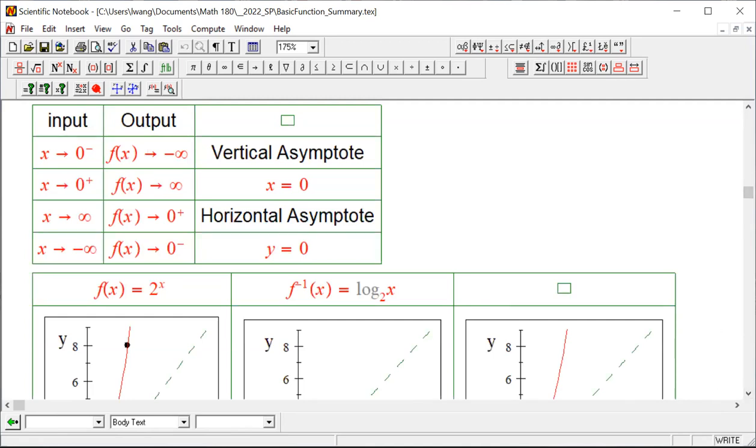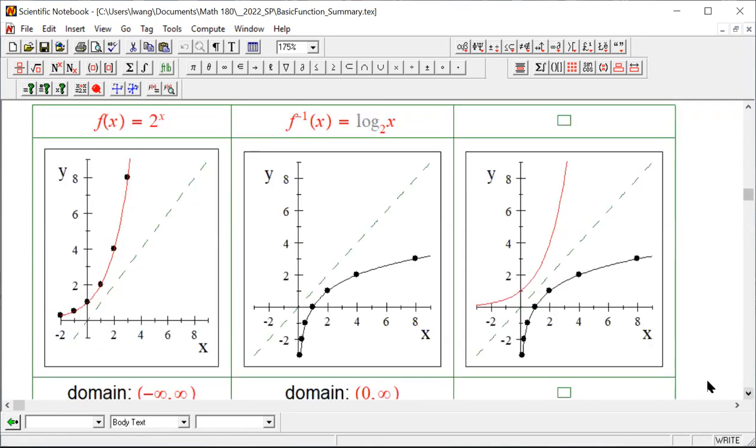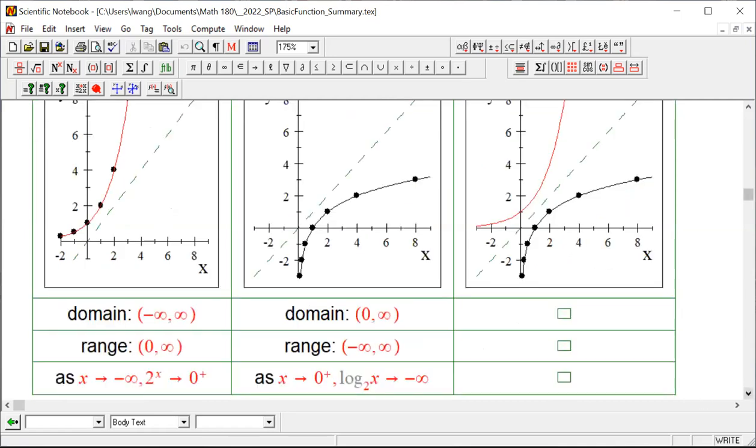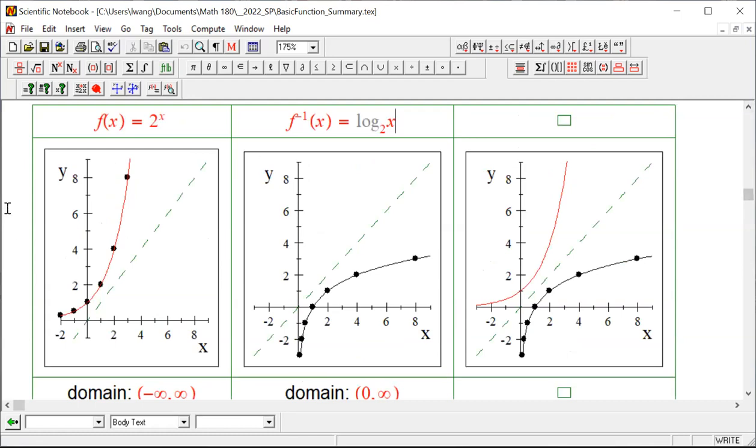Then we studied the exponential function and the logarithm function. We studied them as a pair. We learned that they are not only functions, they're one-to-one functions, and they're inverse functions of each other. And they have that nice property that all inverse pairs have, which is symmetry along the green line.